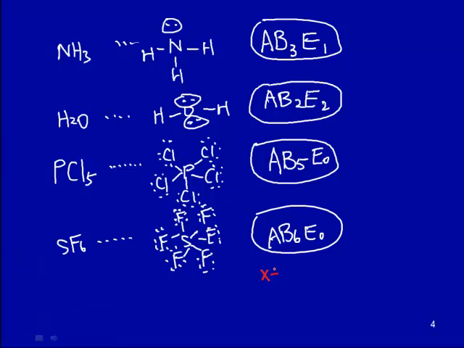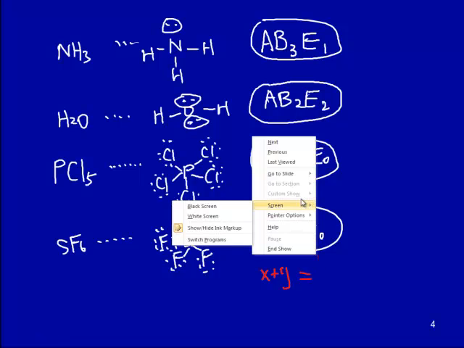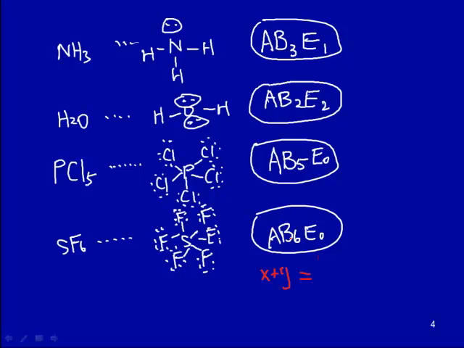So now, the x plus y, the sum of those two subscripts, will give you the total number of electron groups on the central atom.